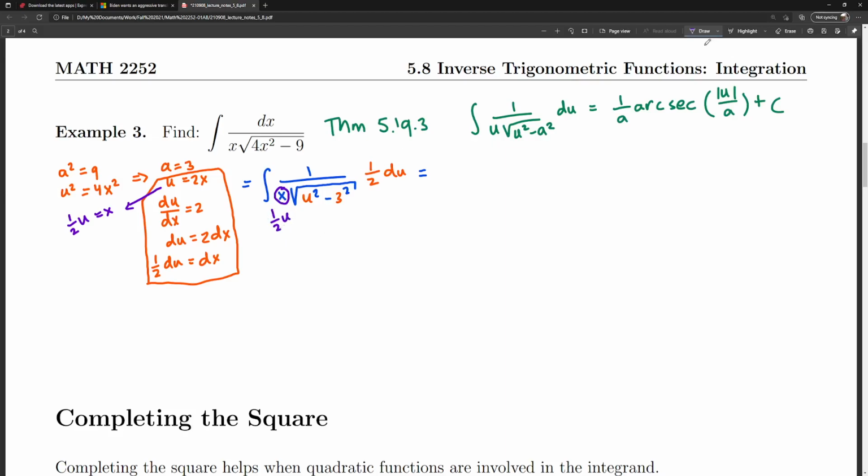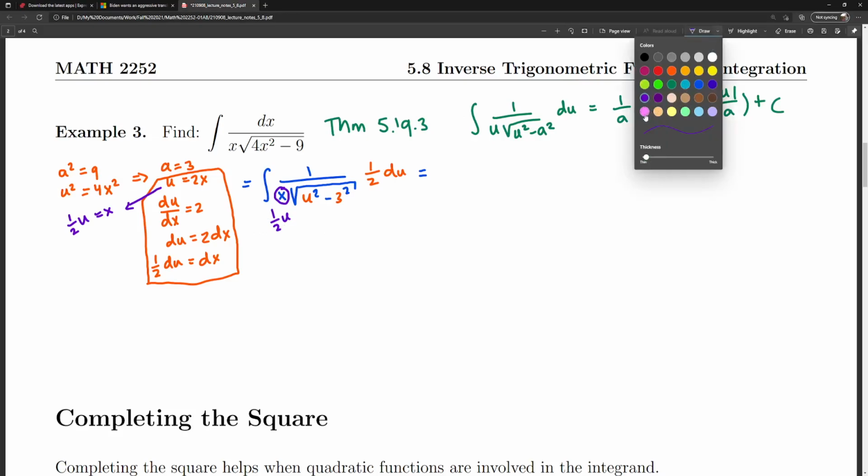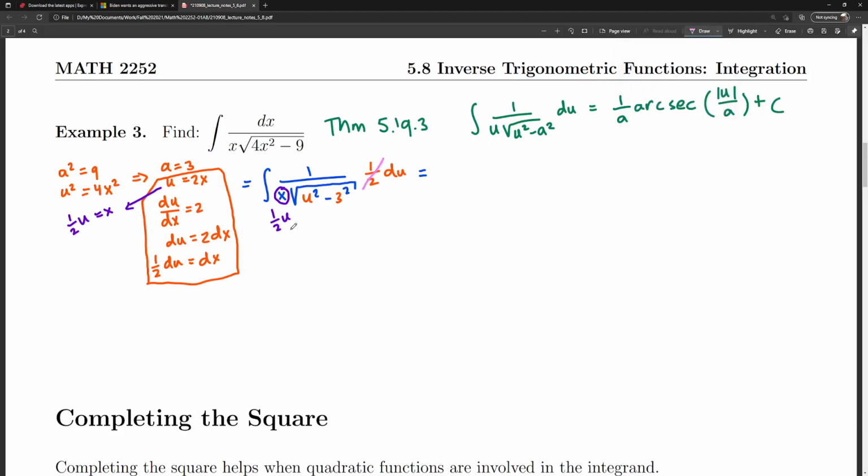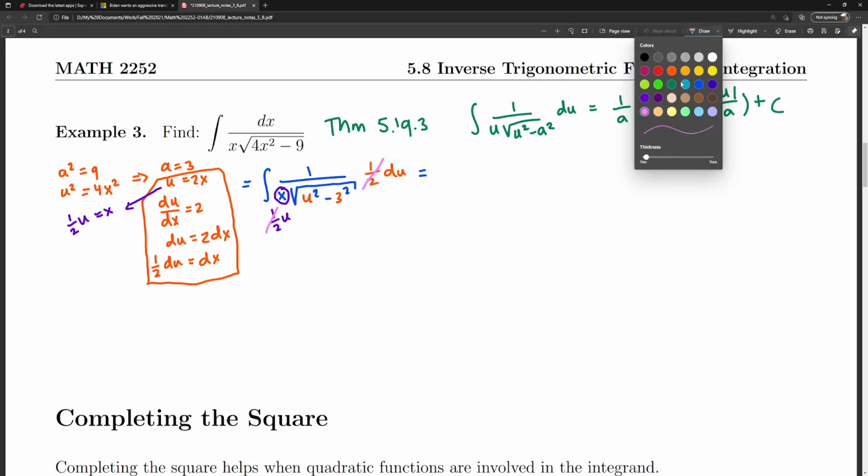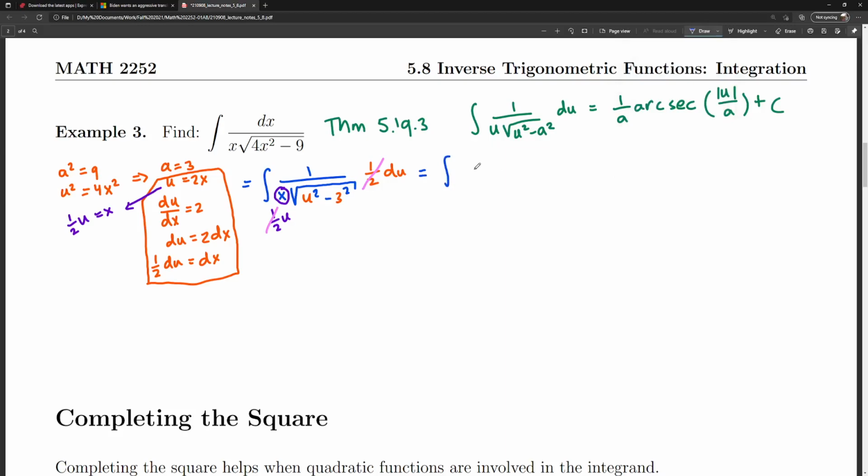And then one thing that you see is that this 1/2 shows up in the denominator. This 1/2 would go in the numerator. So this 1/2 and this 1/2 cancel out. And so that means we can simplify our integral as follows.